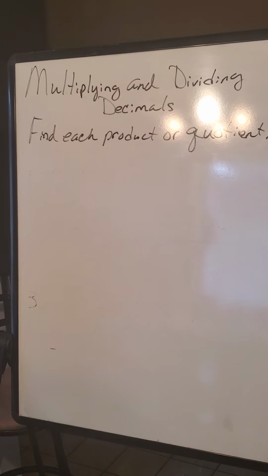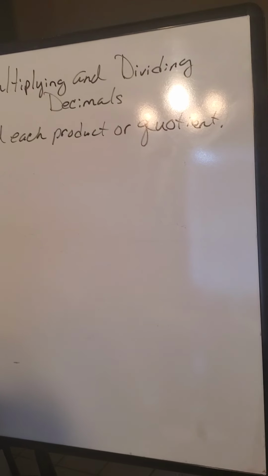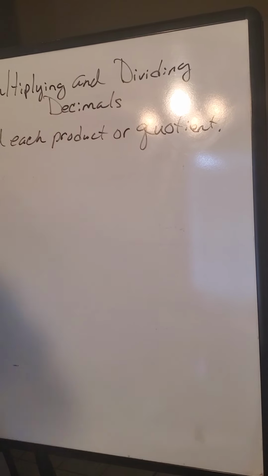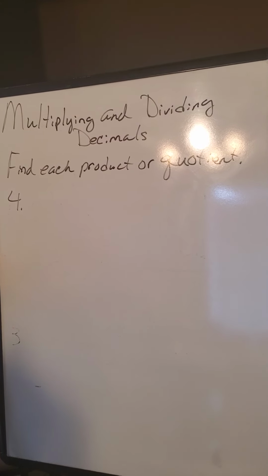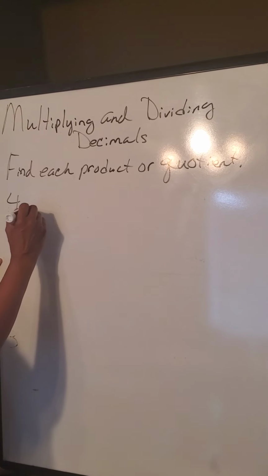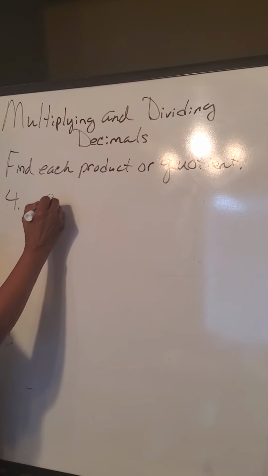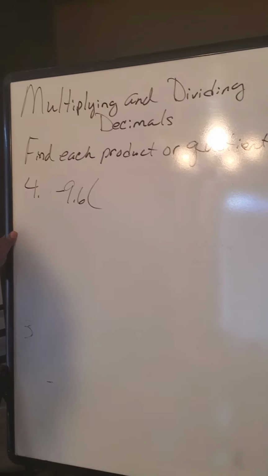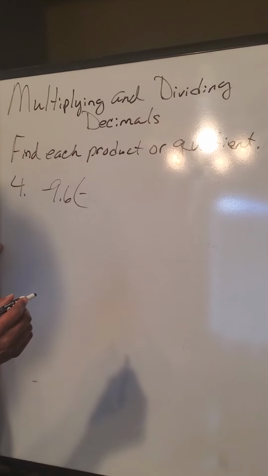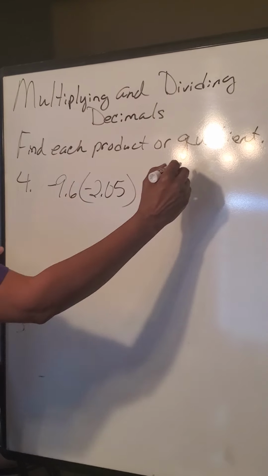Example 4. For example 4, if I had a negative 9.6 and I want to multiply it by a negative 2.05. All right, let's multiply.